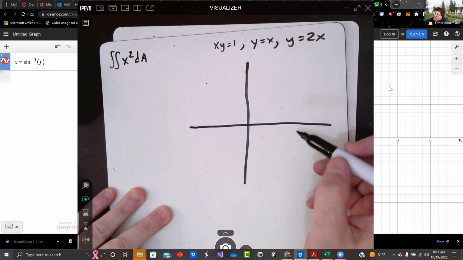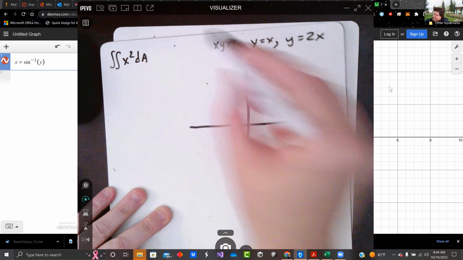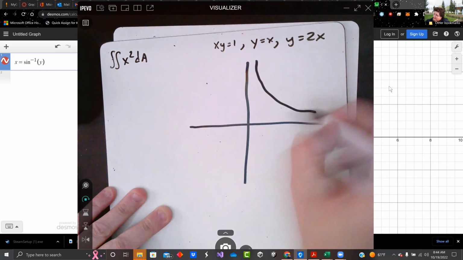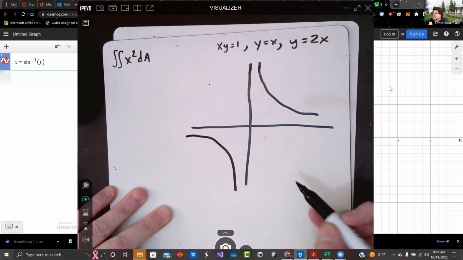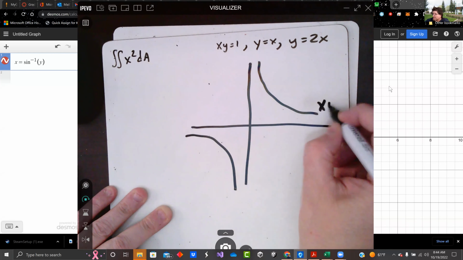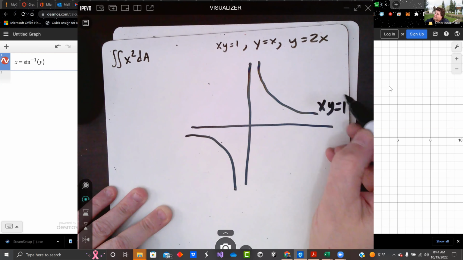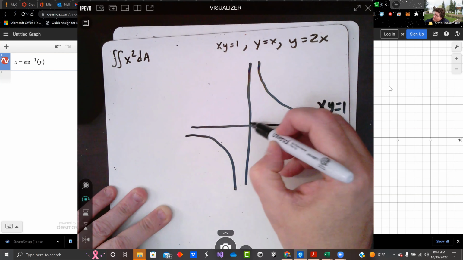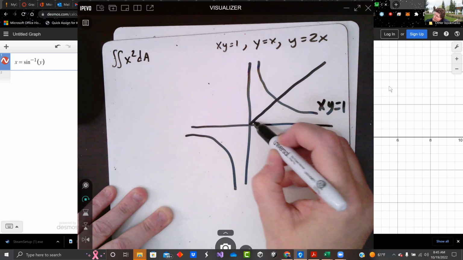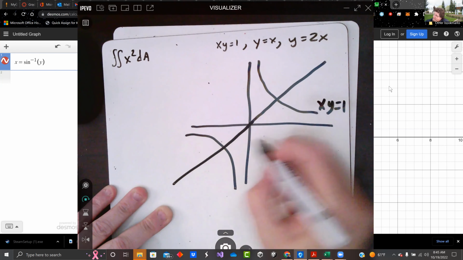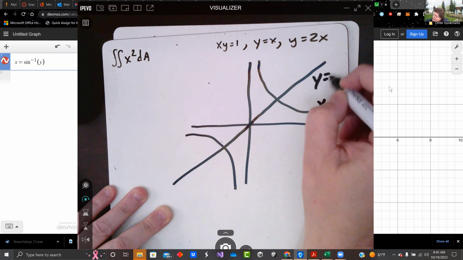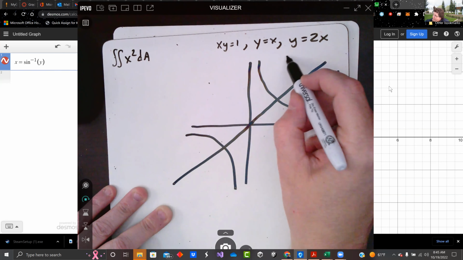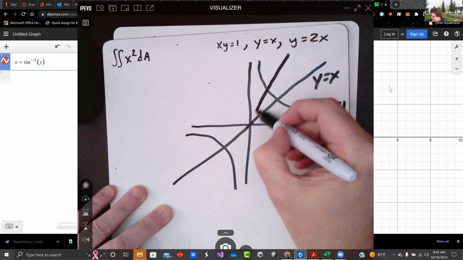This is y equals 1 over x. So 1 over x is like that and like that. So that's our xy equals 1 line. And if I do y equals x, and then y equals 2x.